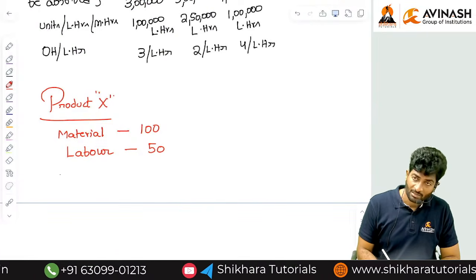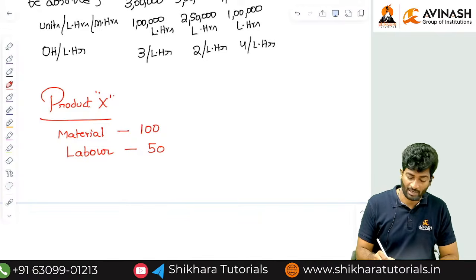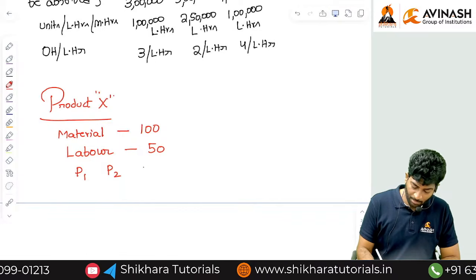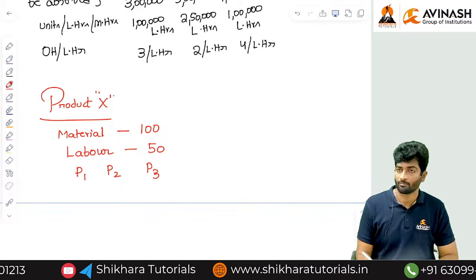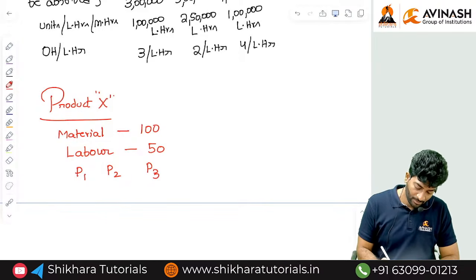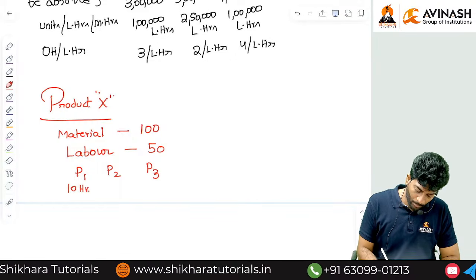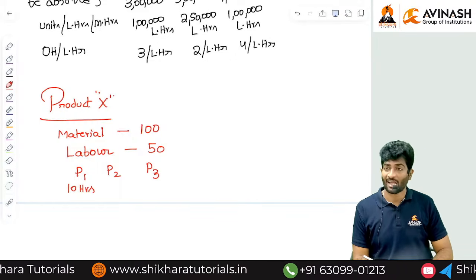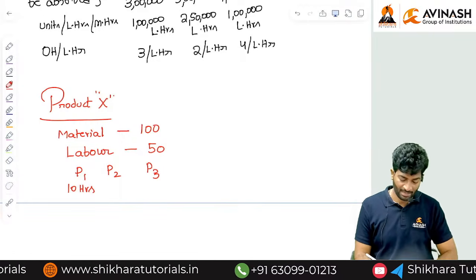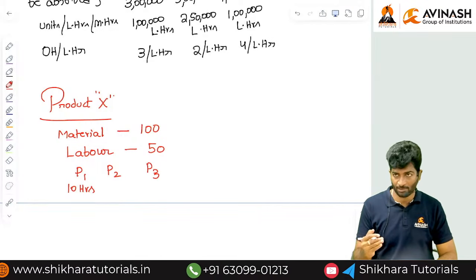Now coming to the processing part, in order to manufacture this product X, it has to pass through our 3 production departments, P1, P2, P3. In P1, it has to process 10 hours to complete 1 unit of X. After completing 10 hours of processing, you transfer it to the second stage P2.